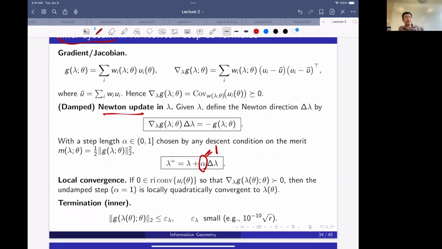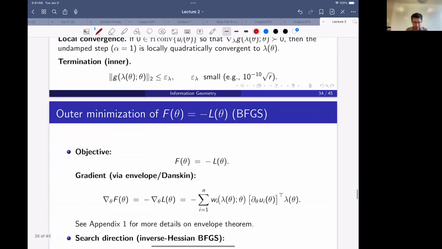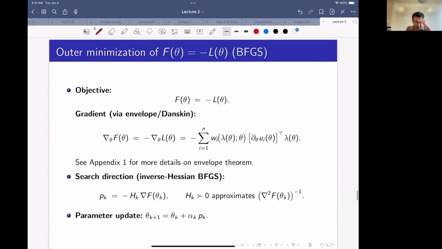Alpha equal to one is the classical Newton method, but sometimes you want to reduce your alpha a little bit to make sure that you increase the likelihood or something like that. Because if your learning rate is too high, your update might not really improve, so you want to make sure that your update improves. So the outer is maximization, minimization. This part is okay.